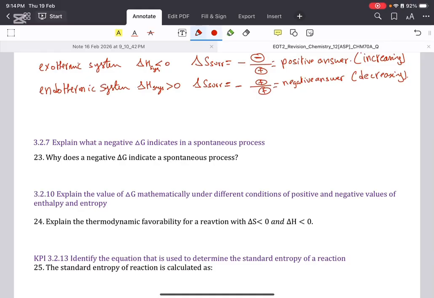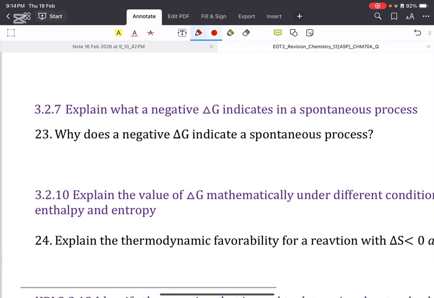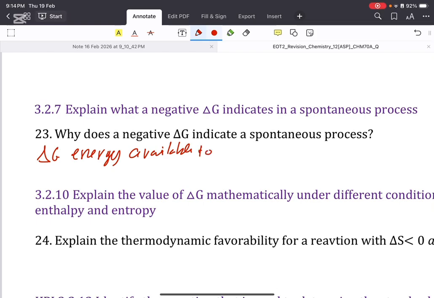Why does a negative delta G indicate a spontaneous process? Delta G means the energy available to do work for a process to happen. So it's the energy available to make the process thermodynamically favorable and spontaneous.